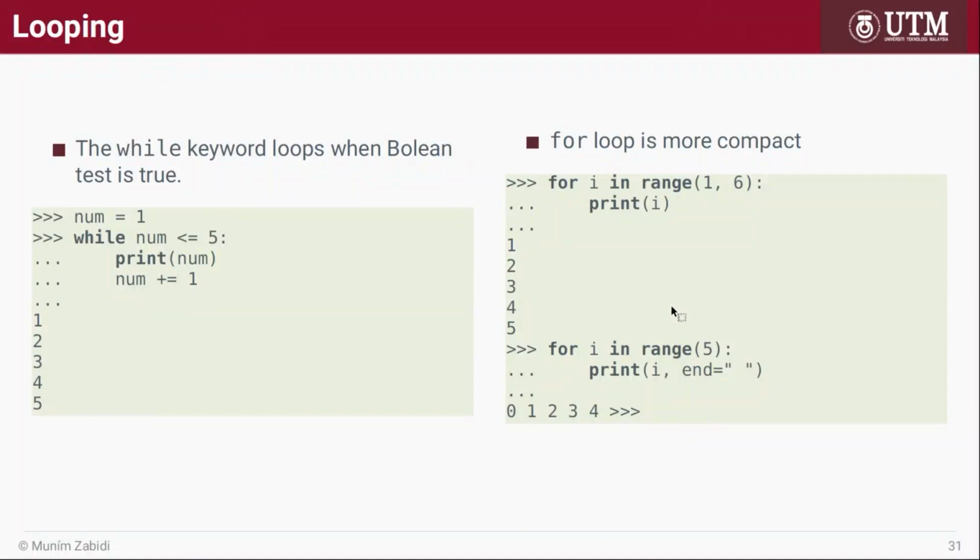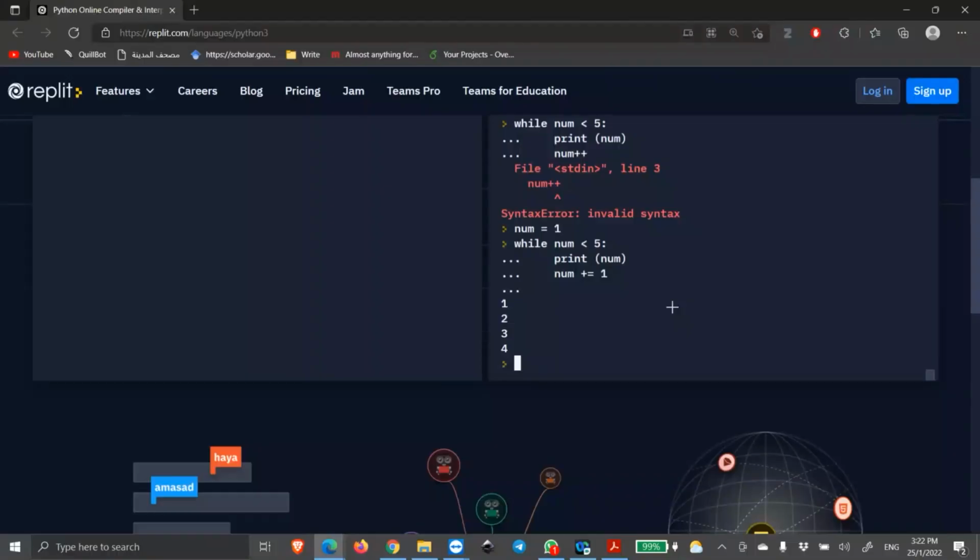Or if you know how many loops you want, you can use a for loop. The for loop uses what's called the range. For i in range 1 to 6, or any range, and then we can print out. So now I don't have to assign the number num. I just say for num in range.